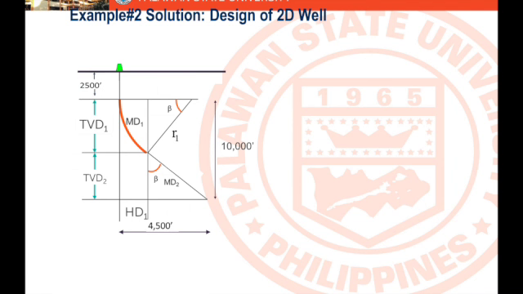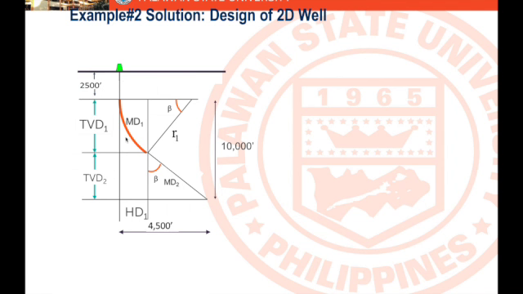Okay, so this will be the well profile for this 2D well that we are going to design. So as you can see here, the vertical section is 2,500 feet. So we need to build a J type well.